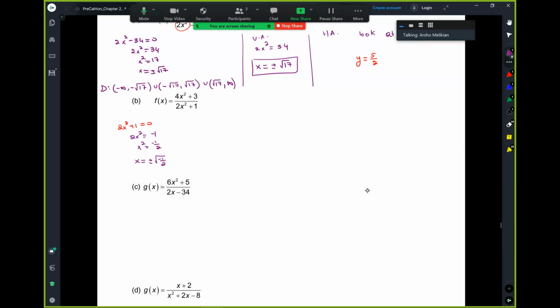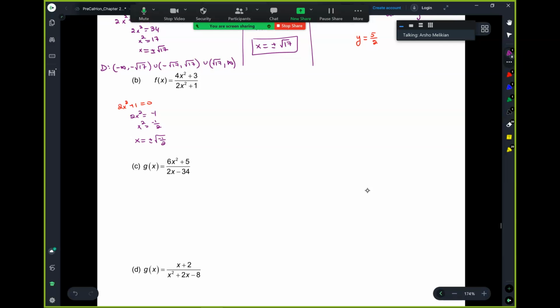Where is the denominator 0? Never. The denominator is never 0. So this is imaginary, which means the denominator is never 0.